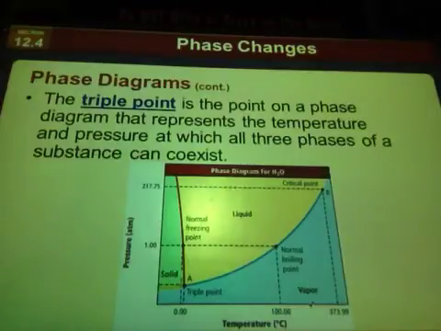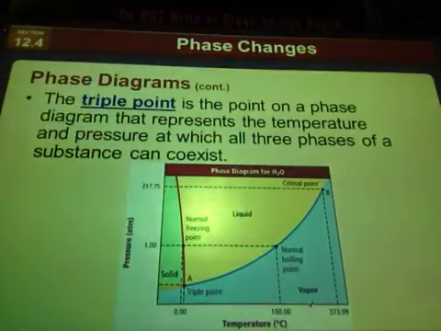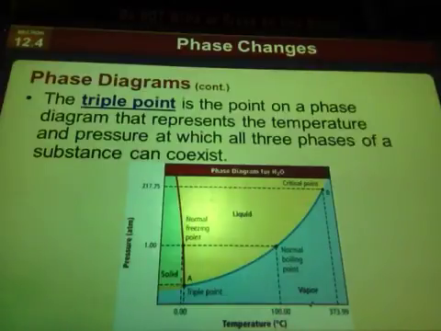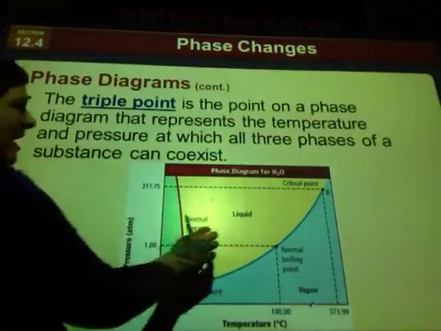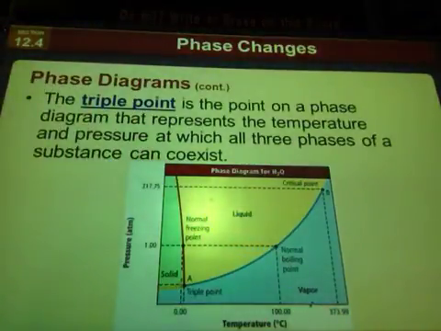They can coexist. Now, there's a second point, point B, and it's all the way up here. That's called the critical point. The critical point indicates the critical pressure and critical temperature above which a substance can't exist as a liquid anymore. Typically once we get past this critical point, past point B, we'll see in phase diagrams that it gets us into the state of plasma at really unbelievably high temperatures and sometimes high pressures as well.